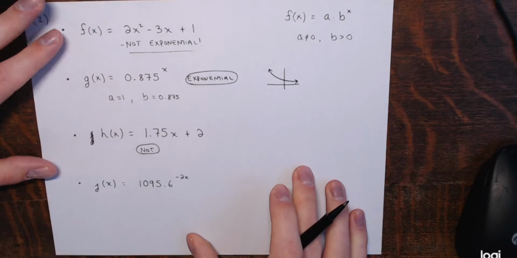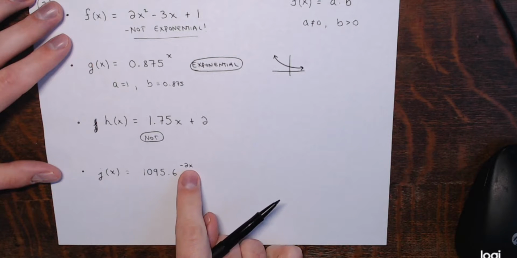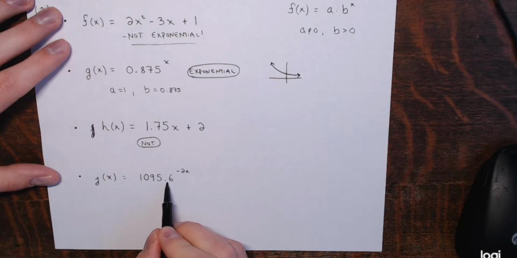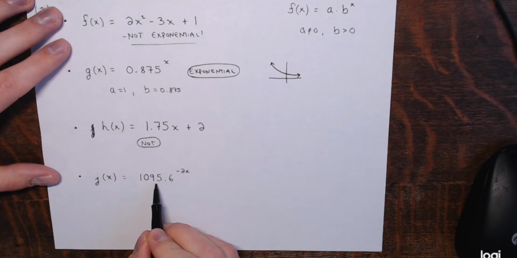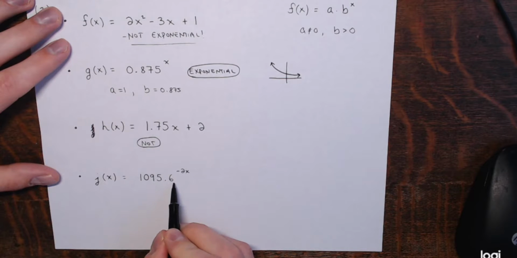And then this last example here, j of x equals 1095.6 raised to the negative 2x power. So again, if you see a numerical base that's positive, and you see an exponent with a variable to the first power like this, negative 2x to the first, this is exponential.